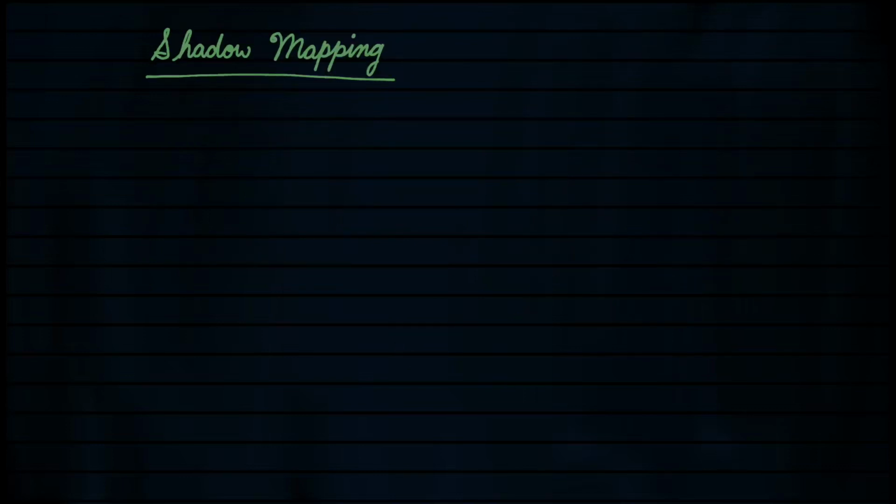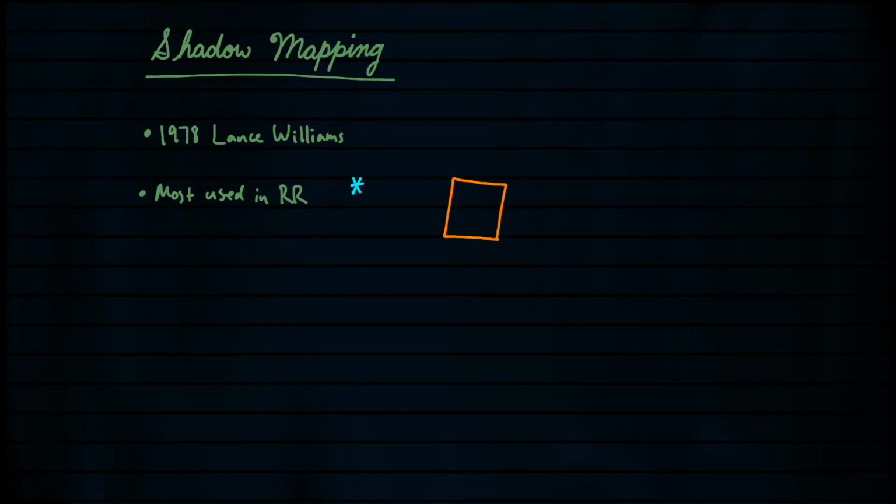The process of shadow mapping was invented by Lance Williams in 1978, and this is the most used algorithm to generate shadows in real-time rendering today. So let's bring back our scene, something similar from the last slide, and talk about how it works.